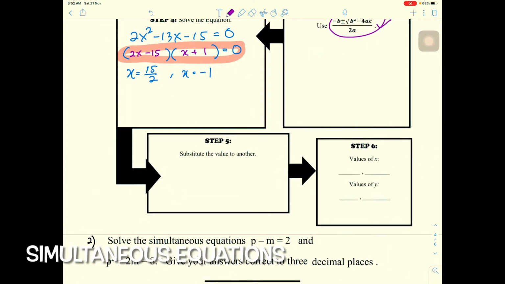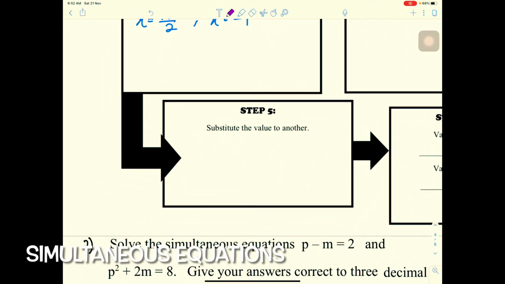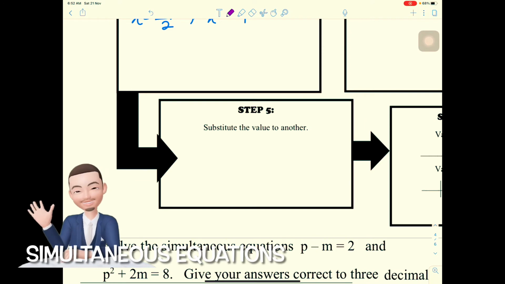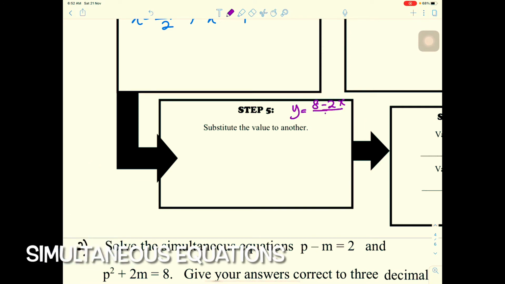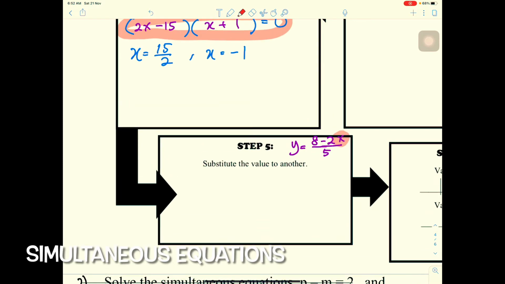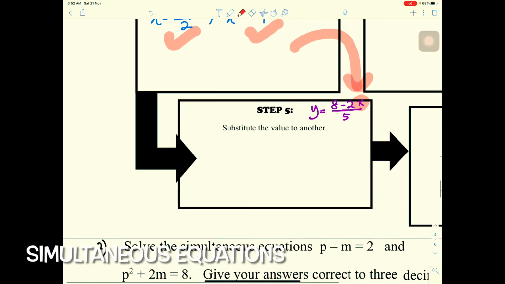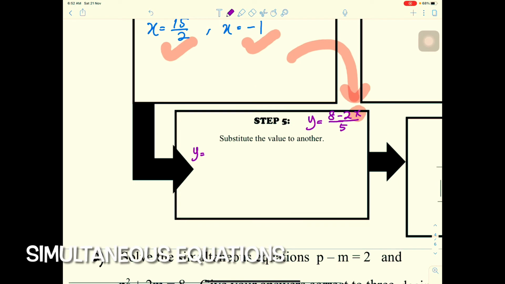Now substitute the values into the other equation. So we get y equals 8 minus 2x over 5, and then substitute the values of x, which are 15 over 2 and negative 1. For y first, with the first x: 8 minus 2 times 15 over 2, over 5.